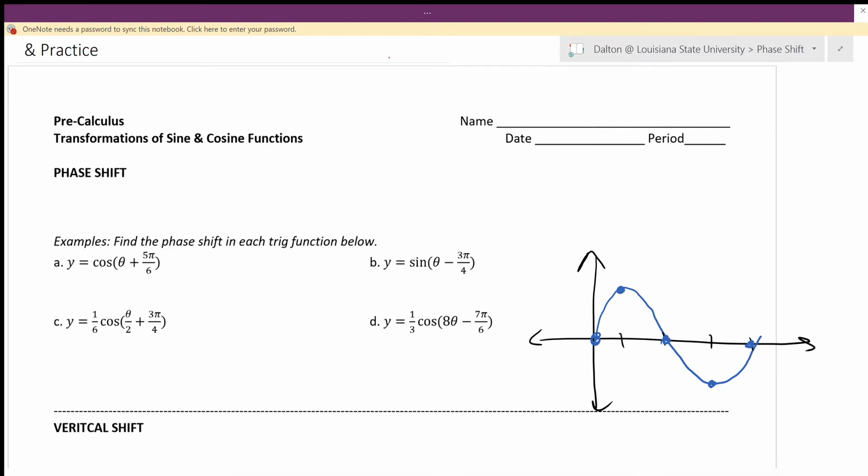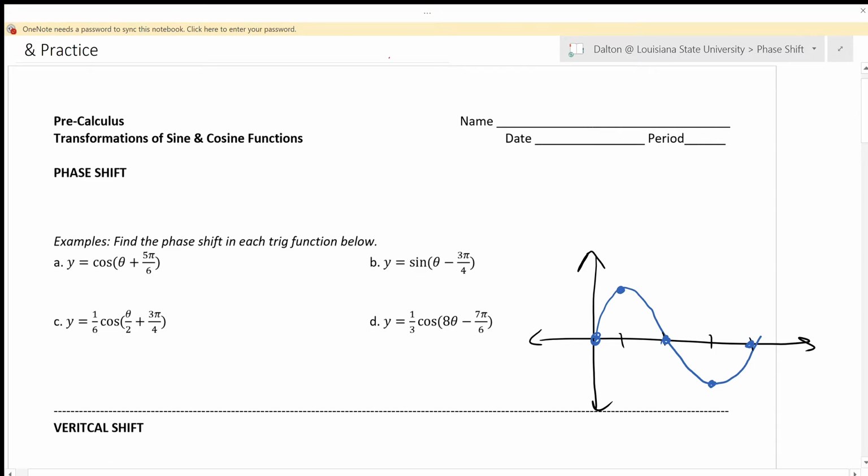And I'm going to graph the cosine function in red. Do you notice something about these functions? They start in different places, right? Cosine starts at 0, 1. Sine starts at the origin.